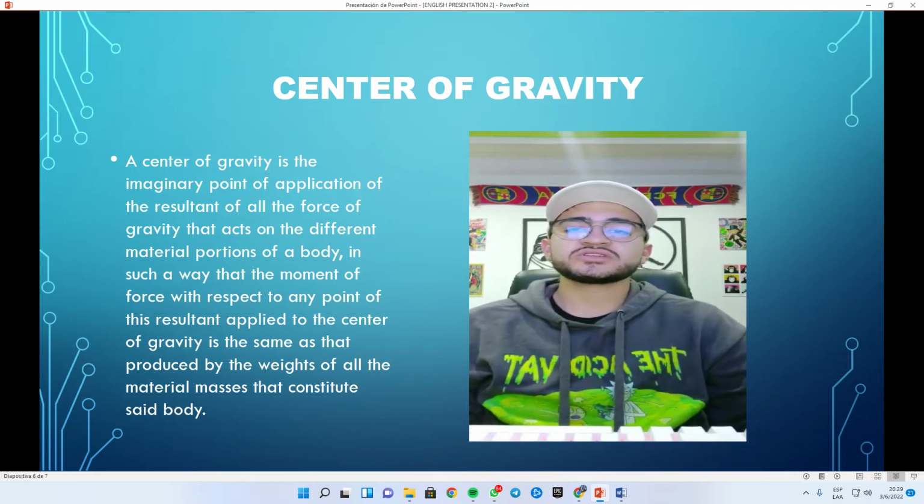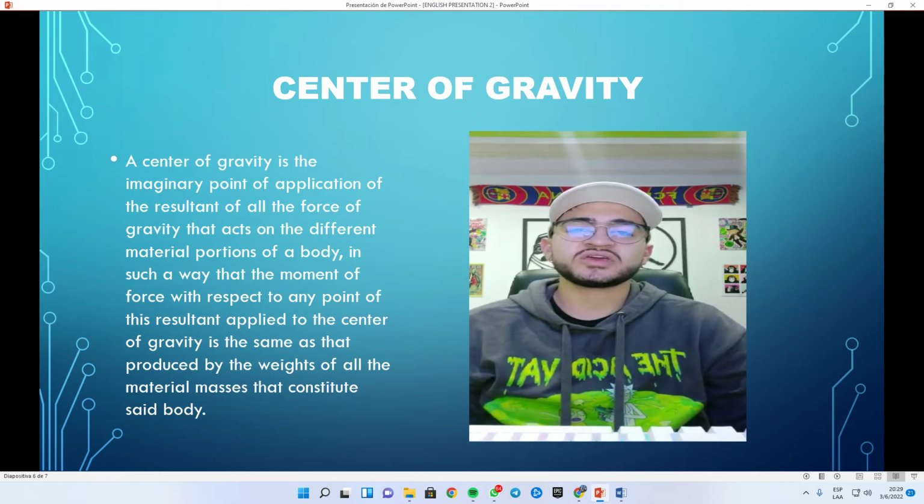In other words, the center of gravity of a body is the point with respect to which the forces of gravity exerted on the different material points that constitute the body produce a zero resultant moment.